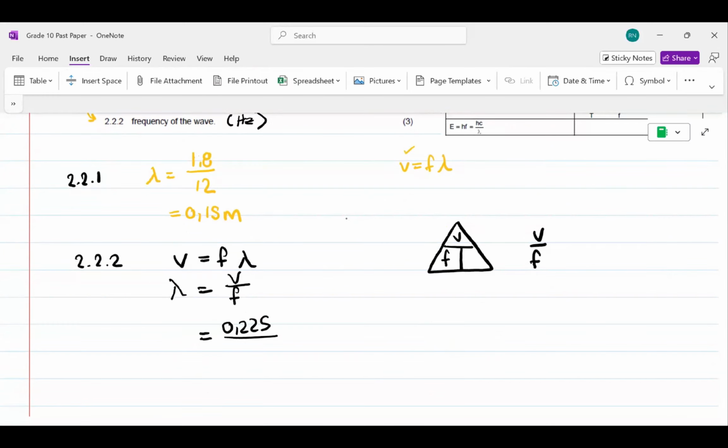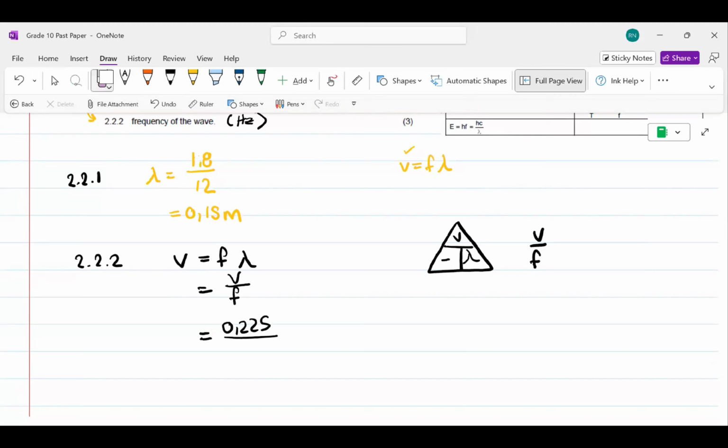Oh, what are we looking for? Oh, we're looking for the frequency. Sorry, we're looking for the frequency. We have the wavelength, and we're looking for the frequency. So our frequency is going to be, oh, sorry, that is terrible. So we're just going to swap these around.